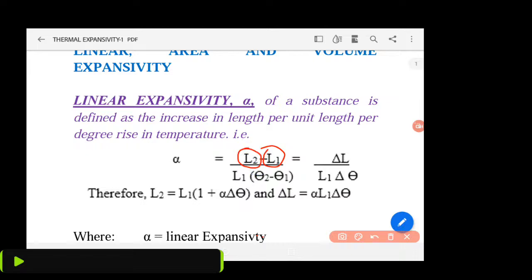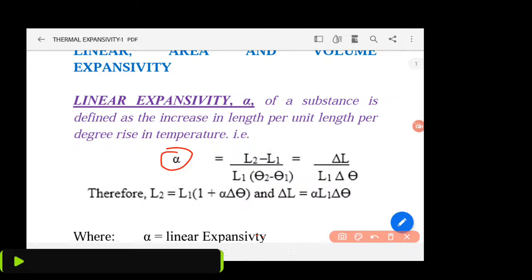So the difference between L1 and L2 is what we call expansion, or you call it increase in length, that is delta L. And to calculate the coefficient of this expansion, which we refer to as linear expansivity, we make use of this formula, that is new length minus original length divided by original length multiplied by change in temperature. Change in temperature occurs when you apply heat on a body. The temperature will rise from one value to another.